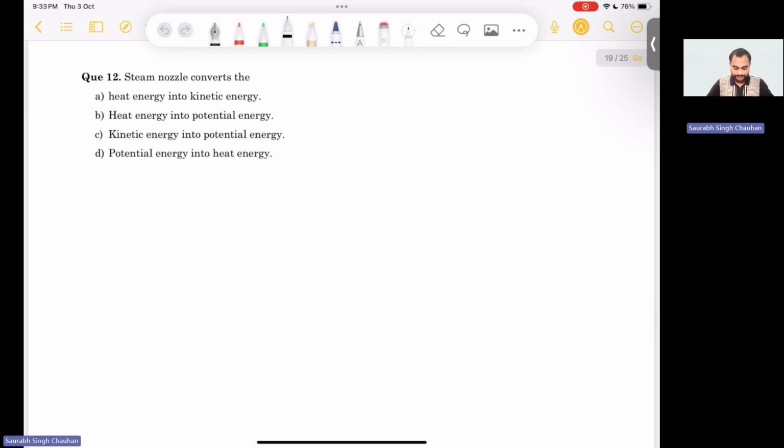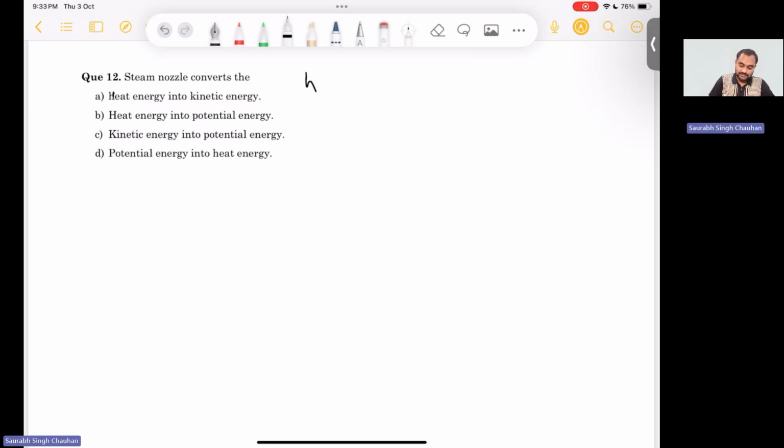Question number 12. A steam nozzle converts. We have been discussing nozzles in the last many questions. So what does a nozzle do? Option A says that it converts heat energy to kinetic energy, heat energy into potential energy, kinetic energy into potential energy into heat energy.